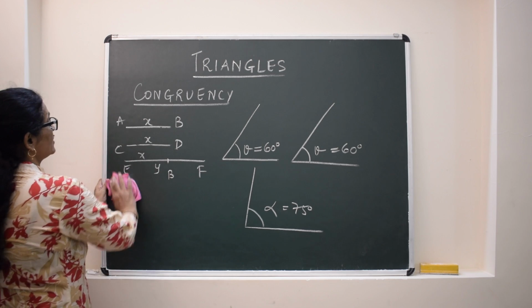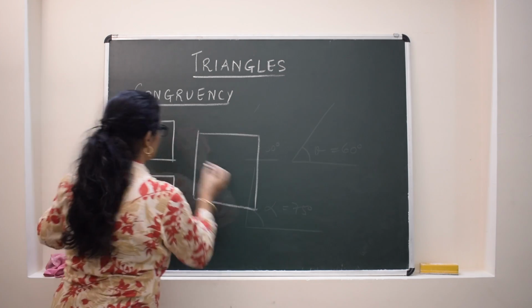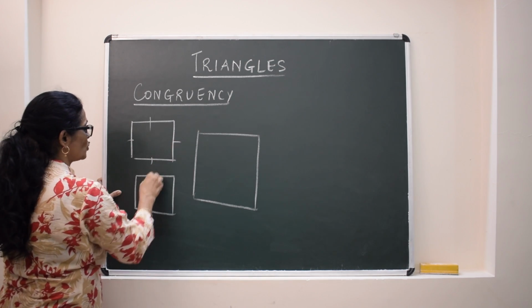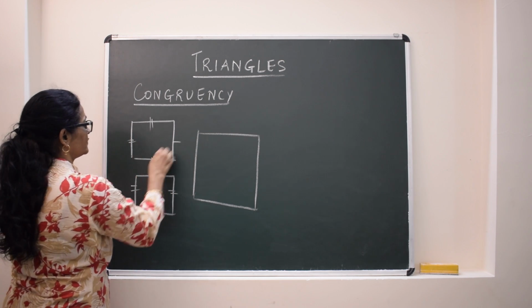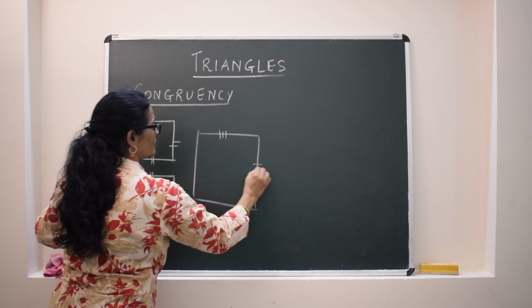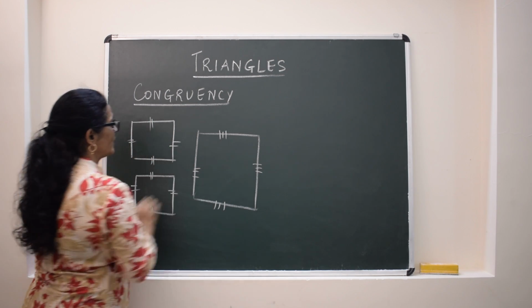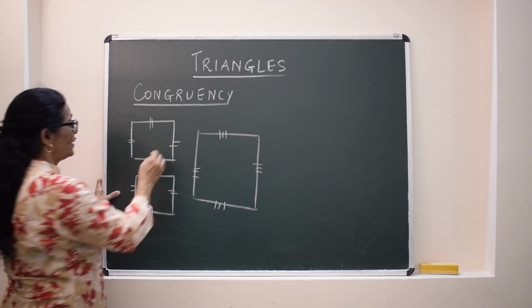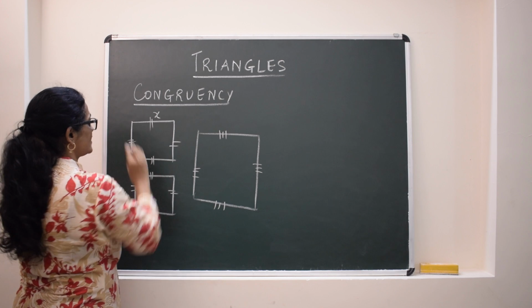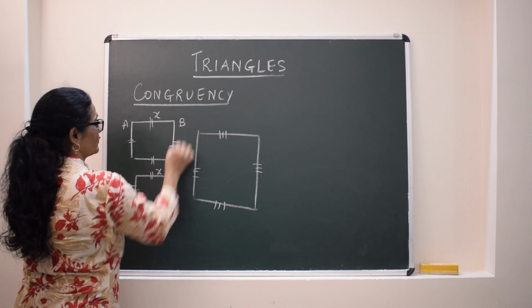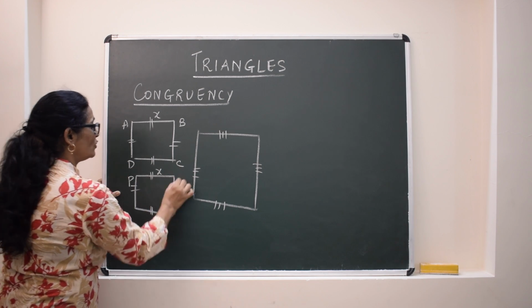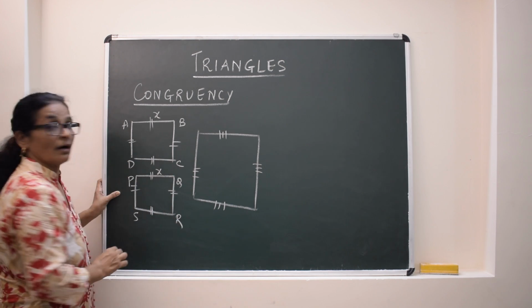Now some more figures we will discuss first. These are squares. Squares means all the sides are equal. But if I say this is x and this also is x, so ABCD is congruent to PQRS.